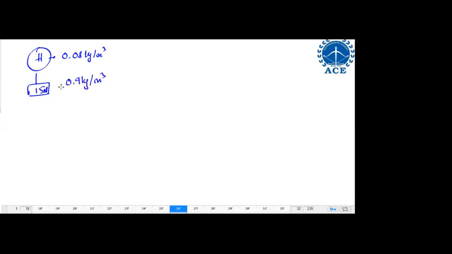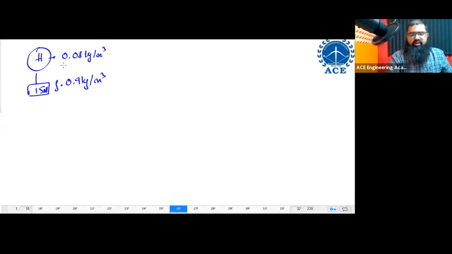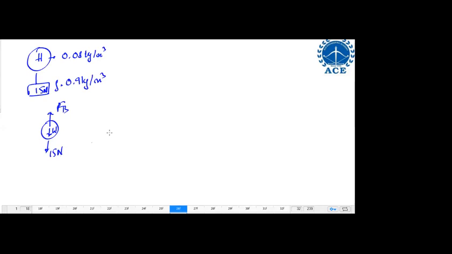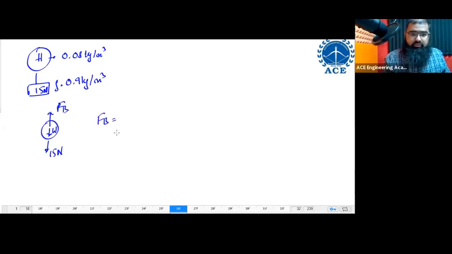It is asking the diameter of the balloon for equilibrium to exist. You can apply FB over here, weight of balloon over here, and 15 newtons over here. So tension will be down only, na? Yeah, tension has to be down. FB has to be equal to weight of balloon plus 15 newtons. From there you can get the value. It is quite easy only.